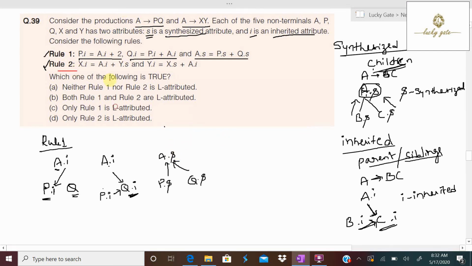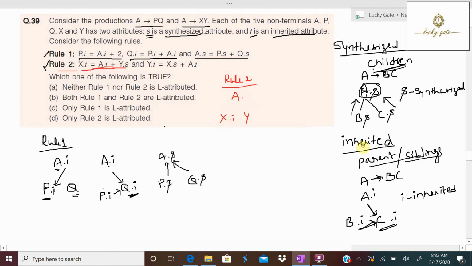Now we'll see the dependency graphs for rule 2. Here I am drawing dependency graphs according to rule 2. This rule 2 is for the production rule A tends to XY. Now here the rule is Xi equal to AI plus Ys.